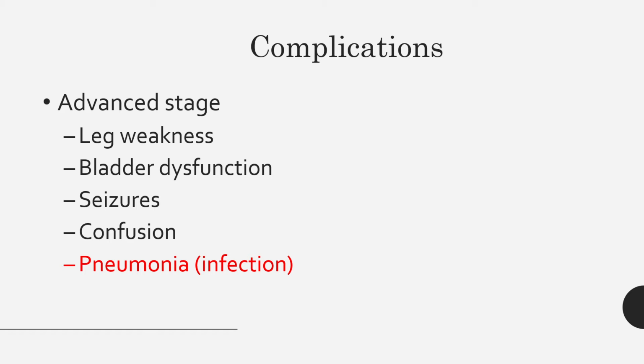Complications can also arise due to the physical presence of the tumor itself. For example, due to the tumor blocking the airways, secretions may start to accumulate behind the blockage, and this increases the risk of infection, also known as pneumonia, which is indicated in red here. Due to such complications, it is important to identify symptoms early.